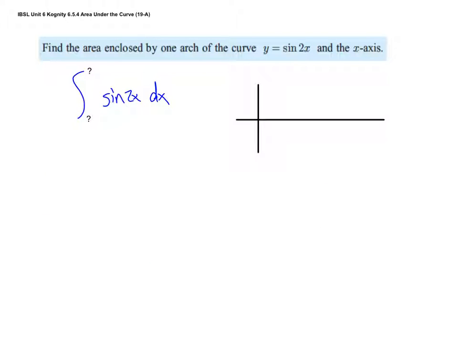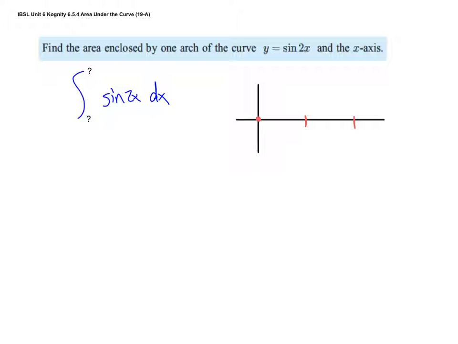So now, here's another aspect that we have to consider. It says find the area enclosed by one arch of the curve, y equals sine of 2x, and the x-axis. Now, you're expected to know what the graph of sine is.